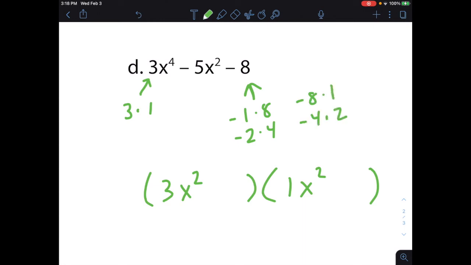And so we just have to think about it and say, all right, I need to come up with -5x squared. If I'm looking at these four here, and I've got a 1 and an 8, if you think about 8 and 3, the difference between 8 and 3 is 5, right? So let's focus on these here. Okay, so we have 8 and we've got 3. The difference is 5.